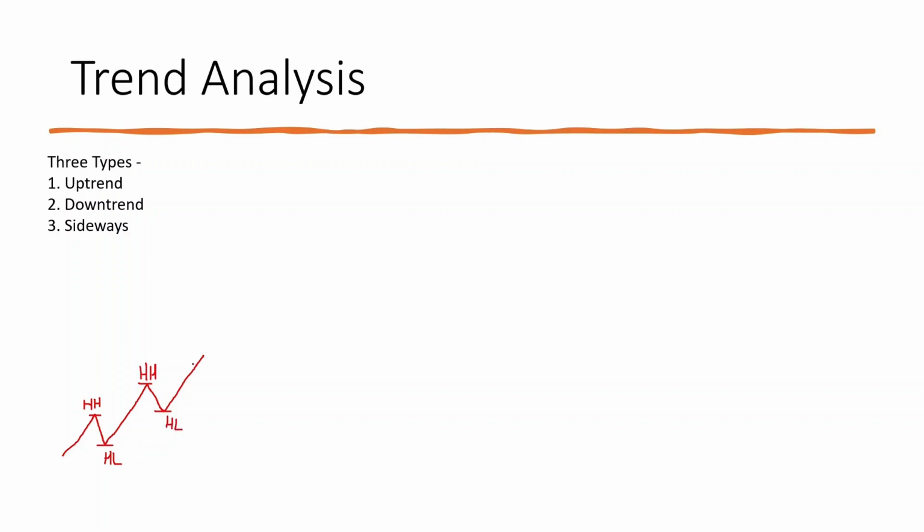So in an uptrend, price always continues to move in this structure, forming higher high, higher low, higher high, higher low. Okay. So now when will a trend change? A trend only changes when this structure gets broken.